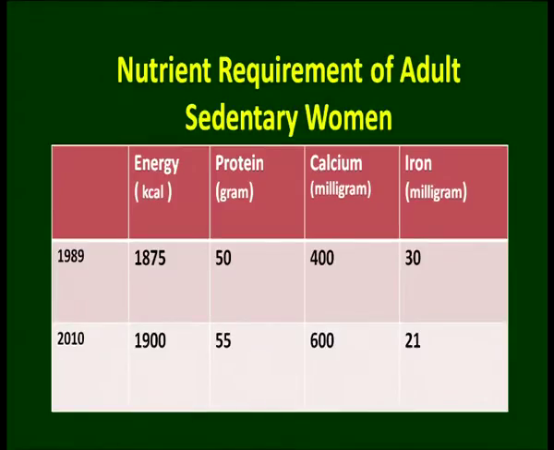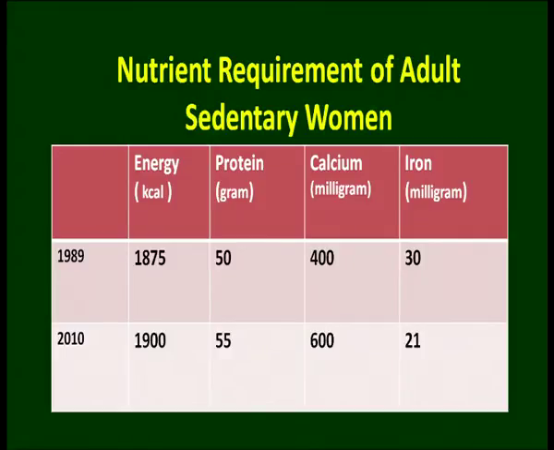Now we will talk about the nutritional requirement of the sedentary woman. Here you will learn that there is a difference in gender also. Just now you have learned about the protein requirement: 60 grams per day for men, whether sedentary, moderate or heavy, but here it is only 55 grams per day.